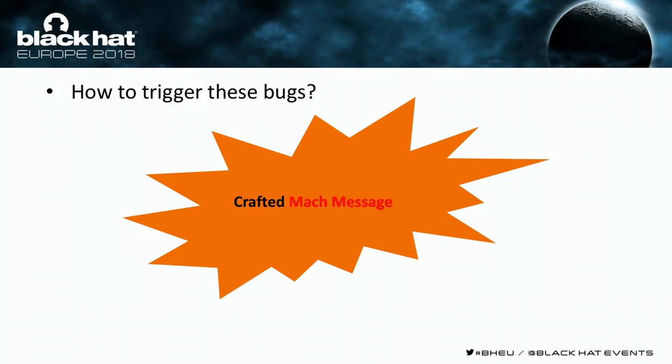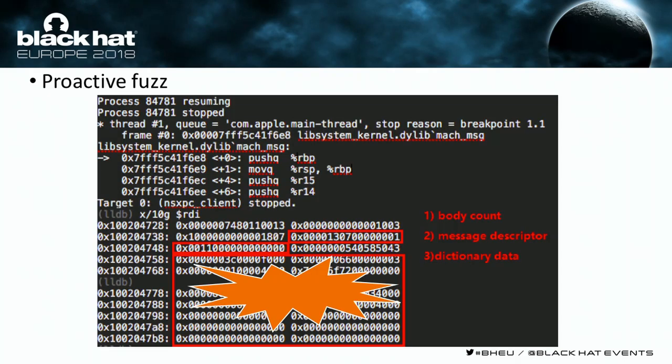Therefore, the main goal for us to trigger potential bugs is to craft those malformed mach messages. Here, contents in the red box are the data we can craft, including body count, message descriptors, and dictionary data.